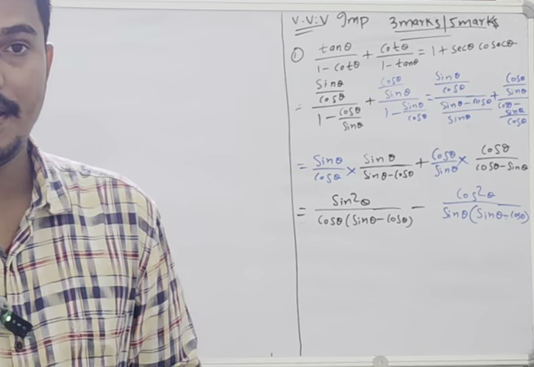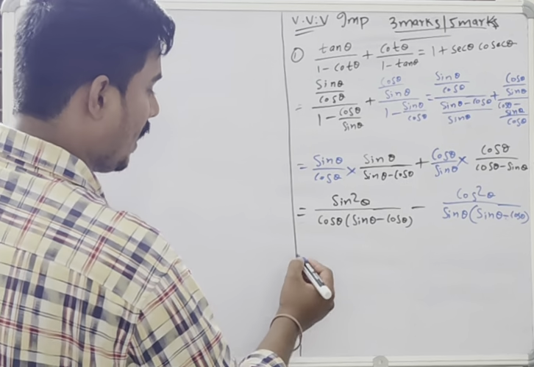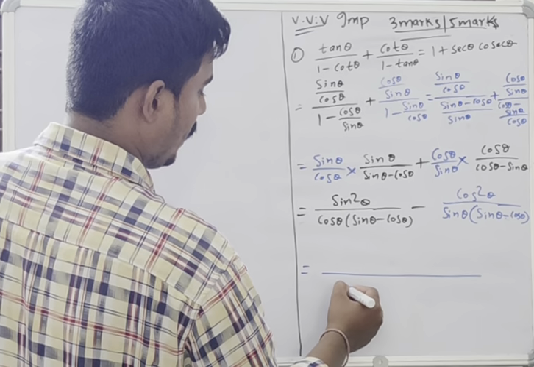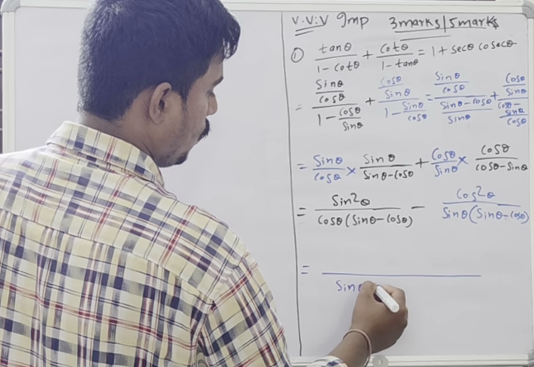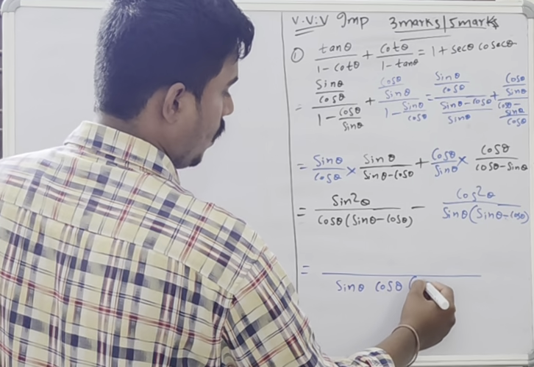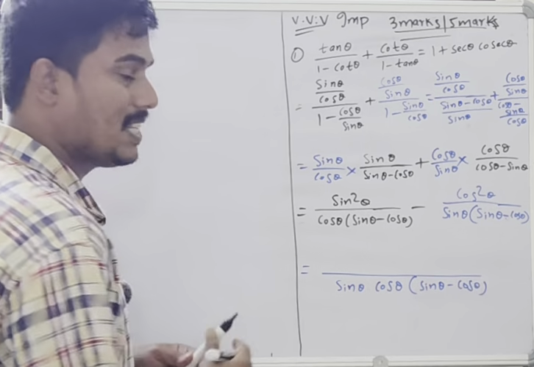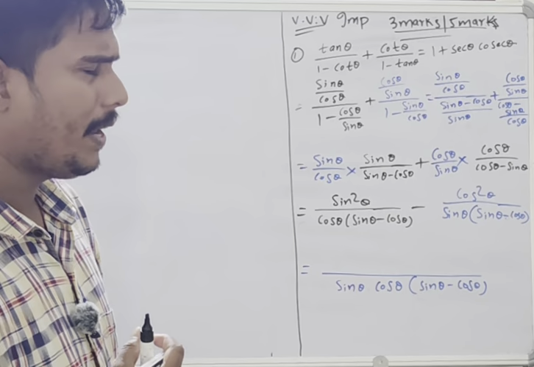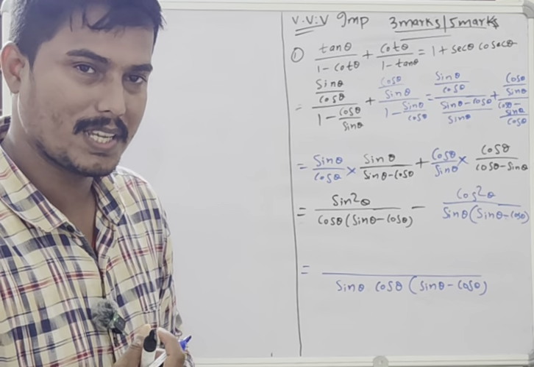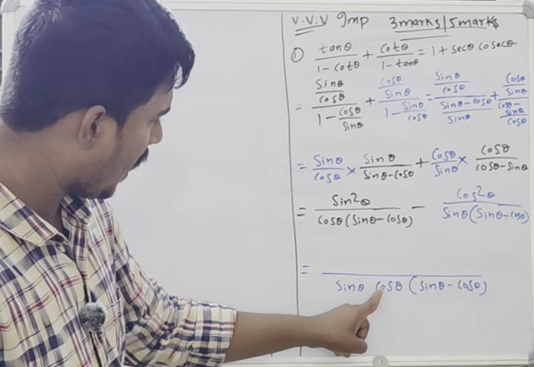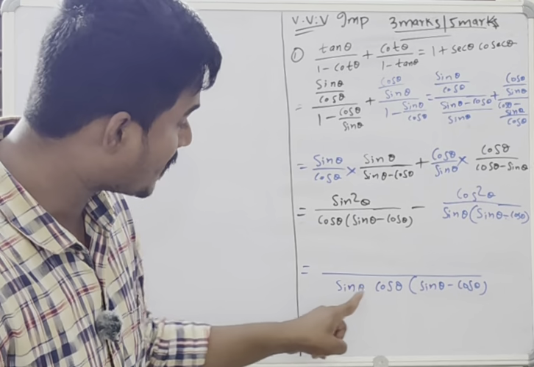When they are common and you want to take the LCM, your LCM is going to be sine theta into cos theta of sine theta minus cos theta. This is your LCM when you solve this. Now you already know the LCM concept. Here cos theta of sine theta minus cos theta. What is extra?